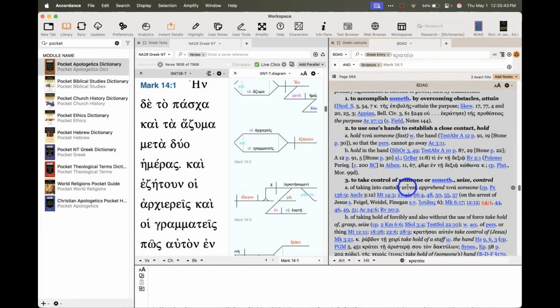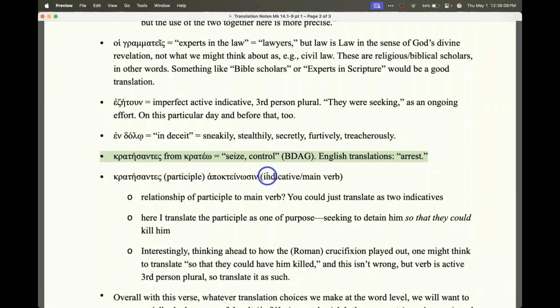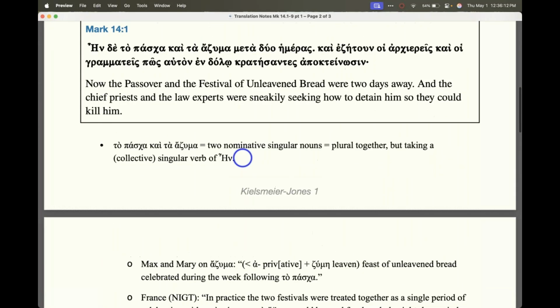I think arrest is fine, but Mark is showing this because of the deceit, not as a lawful arrest. So personally, I wouldn't translate it as arrest, because there could be a lawful, honest way in which a person is arrested, and this is not that. So I like the word detain, maybe you need something stronger than that, but it's worth thinking about.